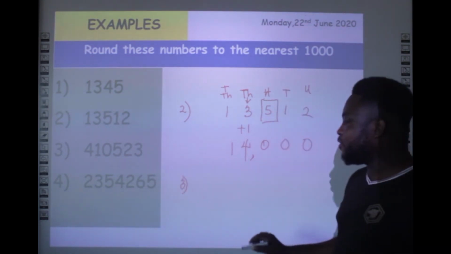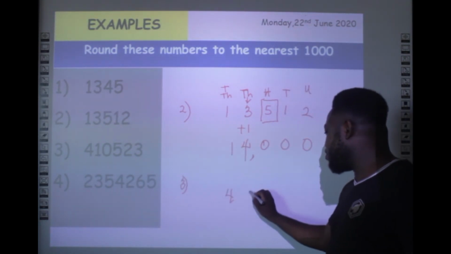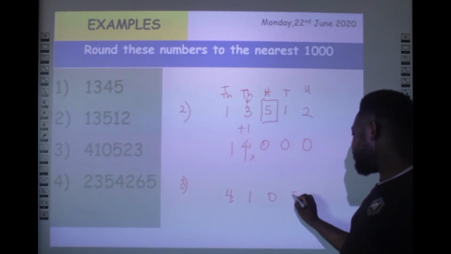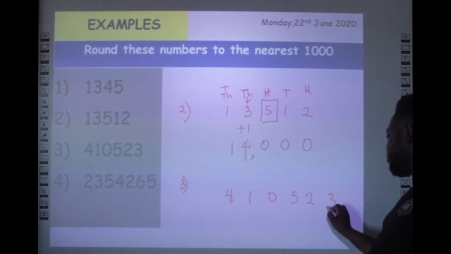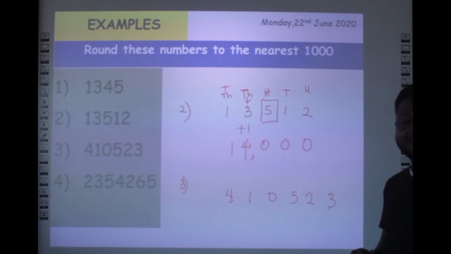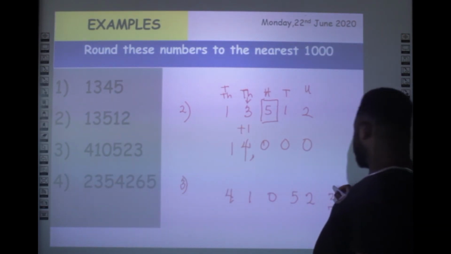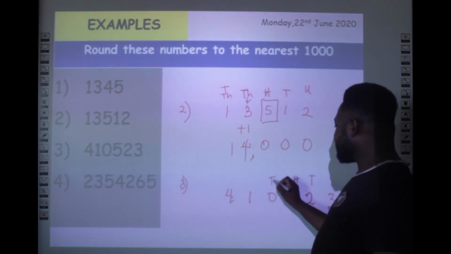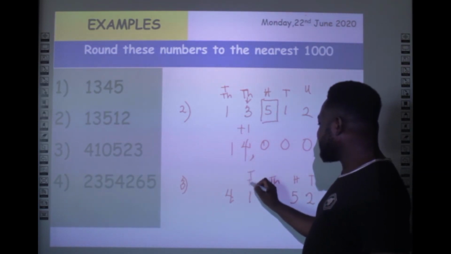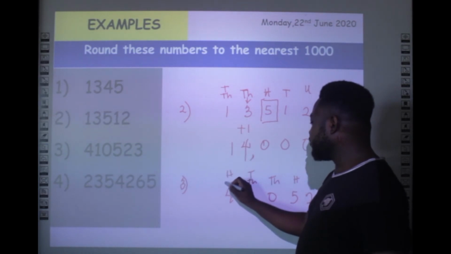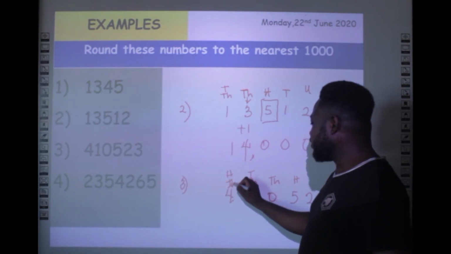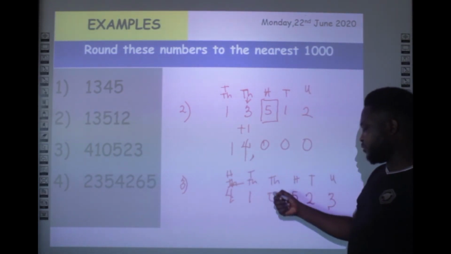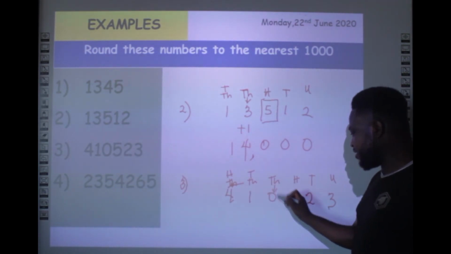For number 3, what do you have? We have 4, 1, 0, 5, 2, 3. You write out the place value. That will give you units, 10, 100, 1,000, 10 thousands, 100 thousands. We're only interested in 1,000, so this is our target digit.